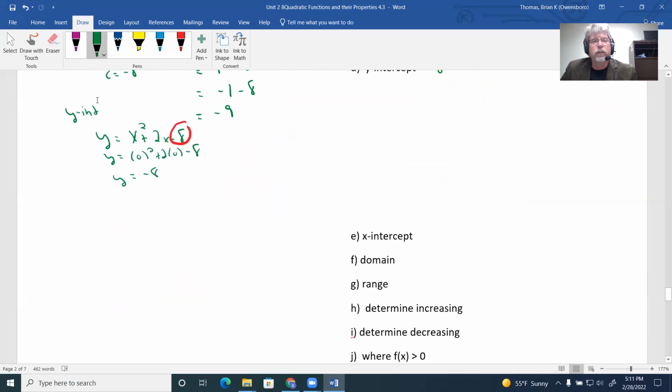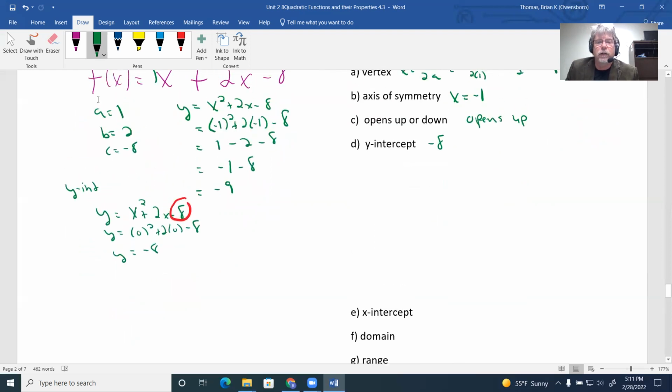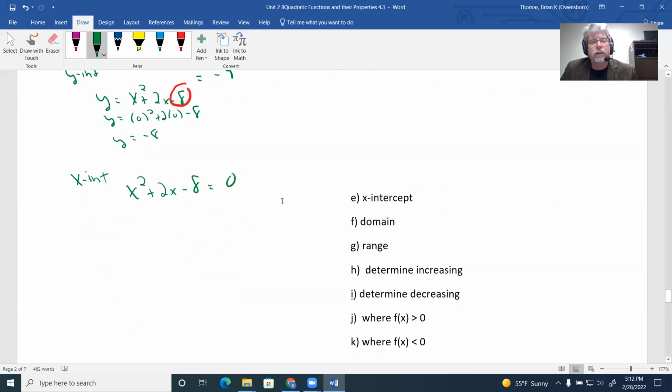If I want to find the x-intercepts, I have to set y equal to 0. So you have x squared plus 2x minus 8 is equal to 0. If it's factorable, we want to try to factor it.